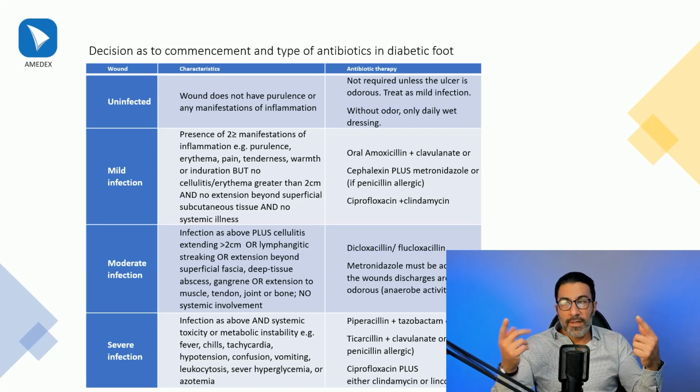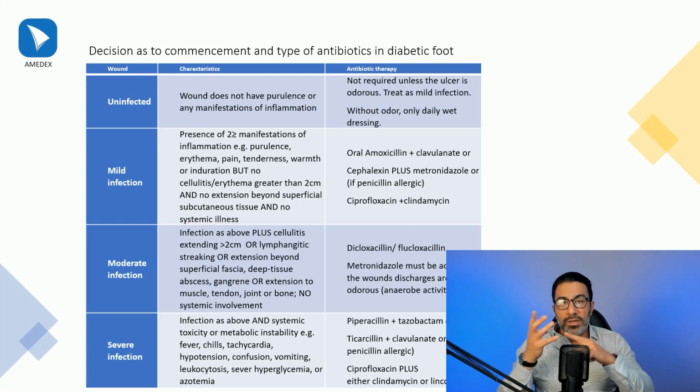Mild infection, we have 2 or more of inflammatory signs, but no cellulitis greater than 2 centimeters around the ulcer, no systemic involvement like fever and chills, and also no spread beyond the superficial or subcutaneous tissue. Okay, we call this mild infection.